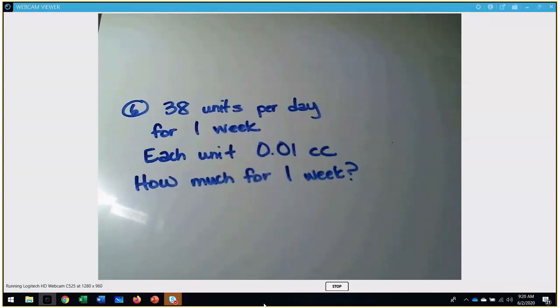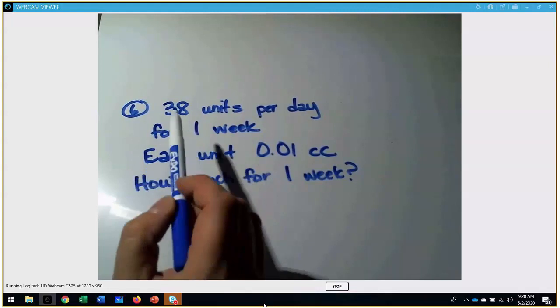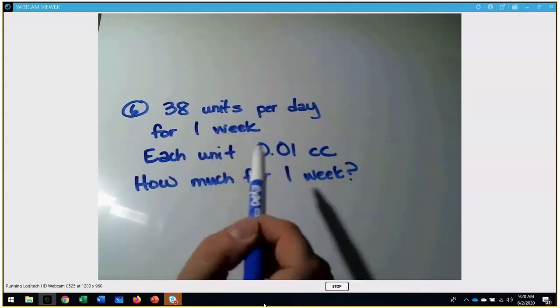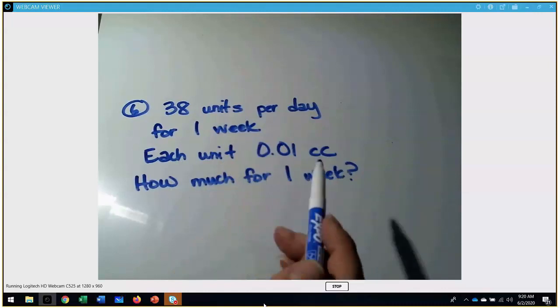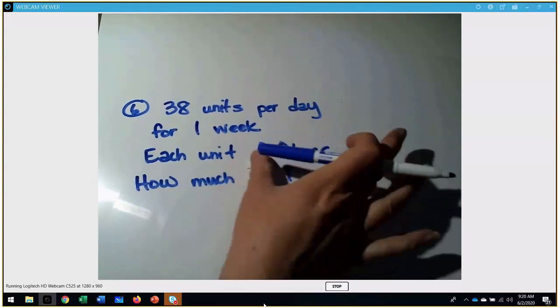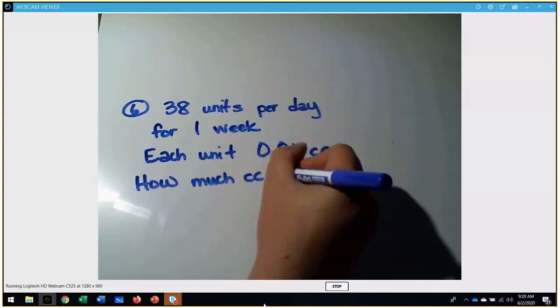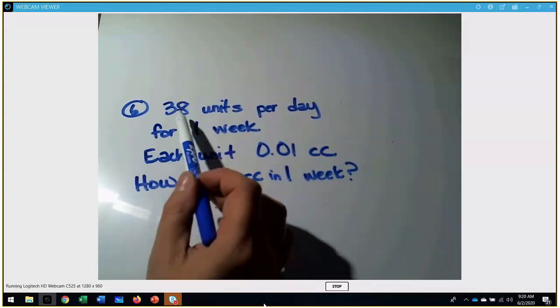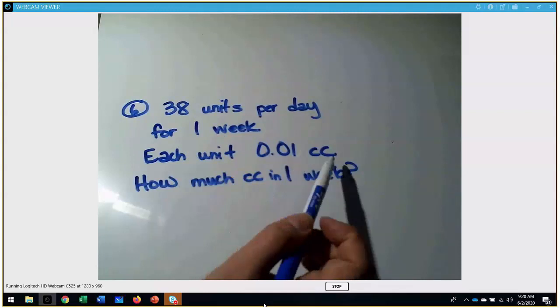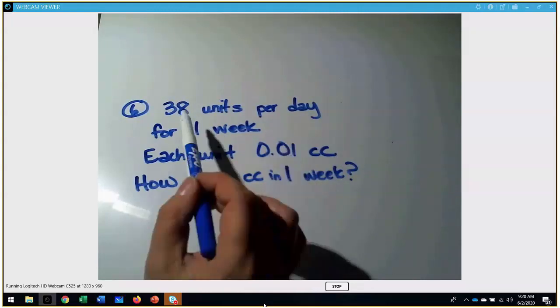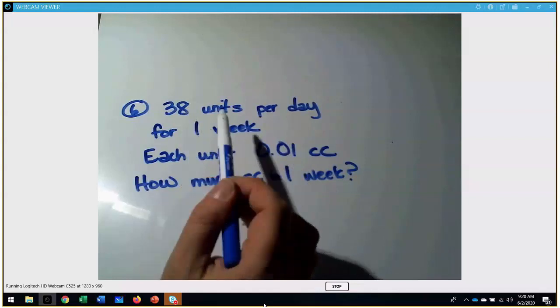The first thought I see when I look at all of this information is if he's using 38 units per day, and each unit is this many cc's, we need to multiply the cc's times the units to figure out how many cc's he uses per day.